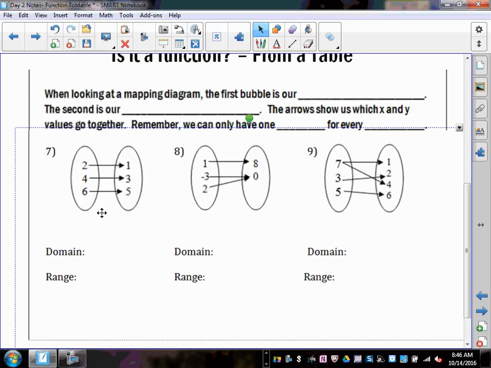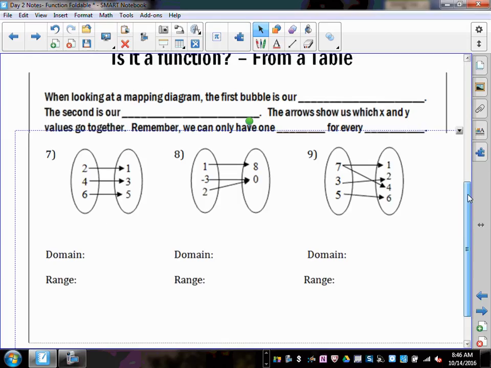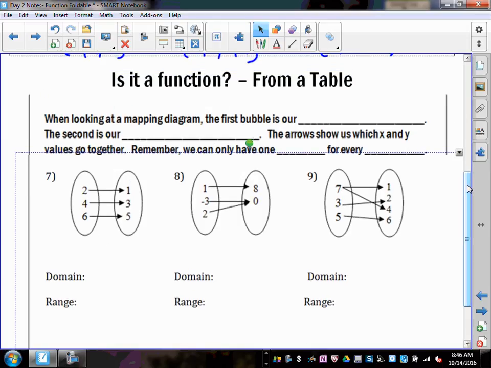Okay. When looking at our mapping diagram, the first bubble represents which ones? The X or the Y? Good. So the first bubble is our X values, or the input. The second represents what?